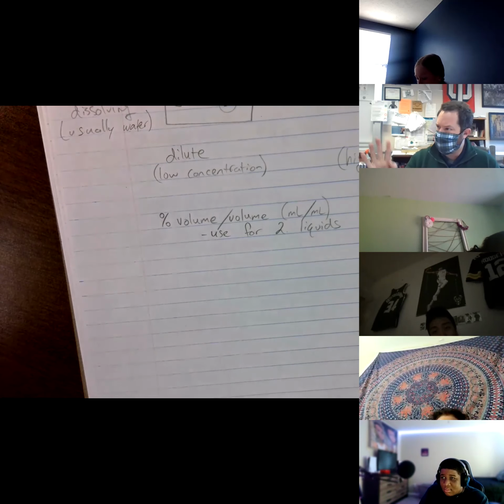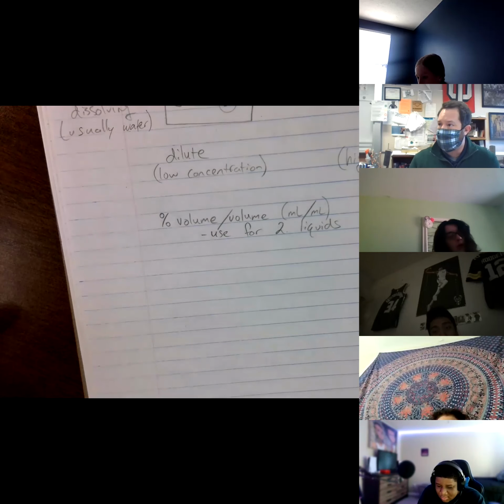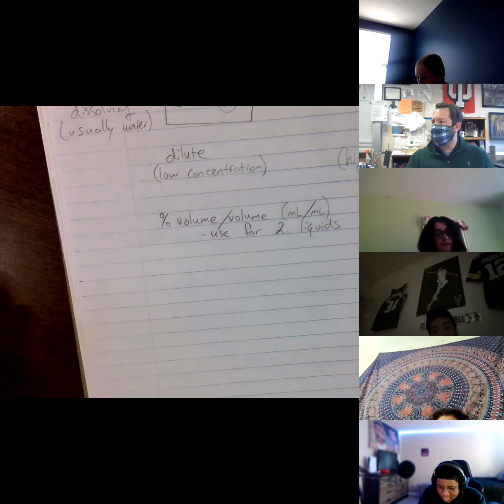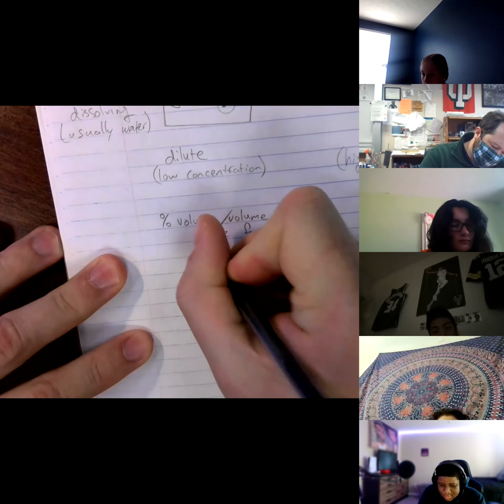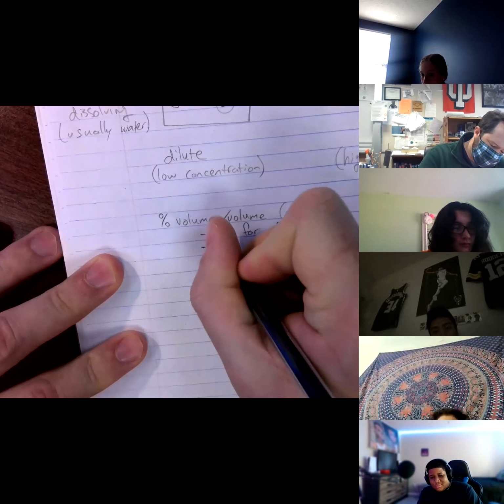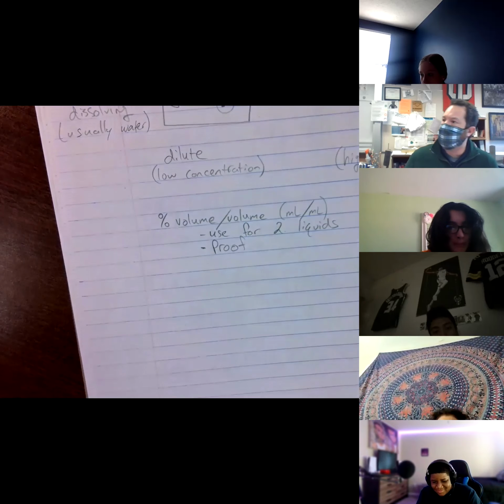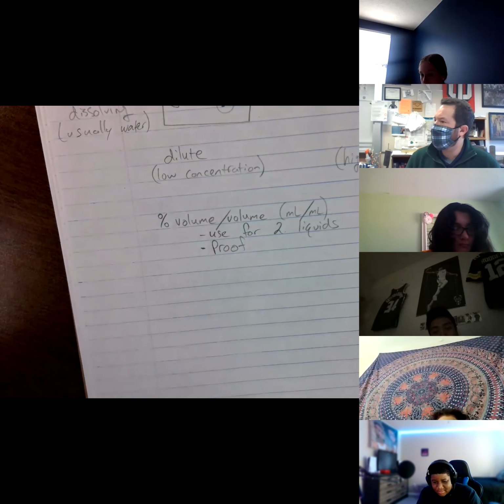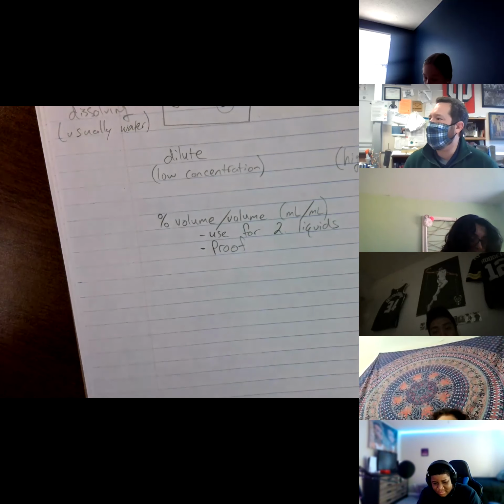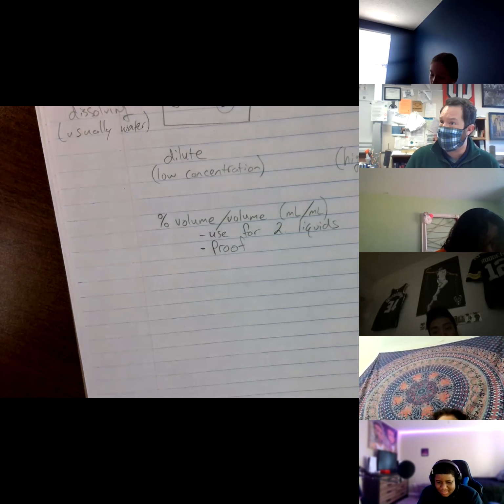This is one you guys don't have to worry about for another 5 or 6 years. You see this a ton, though, when you're an adult. Proof. It's something the alcohol industry uses a ton of.